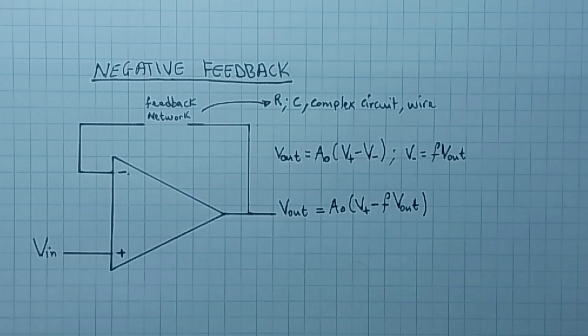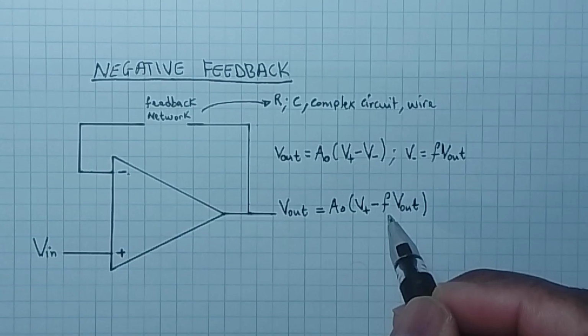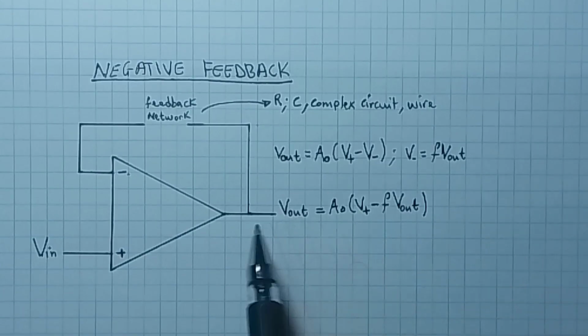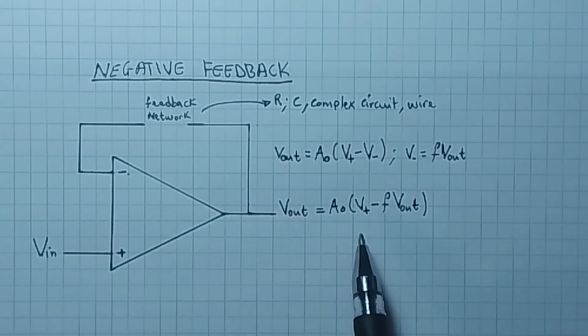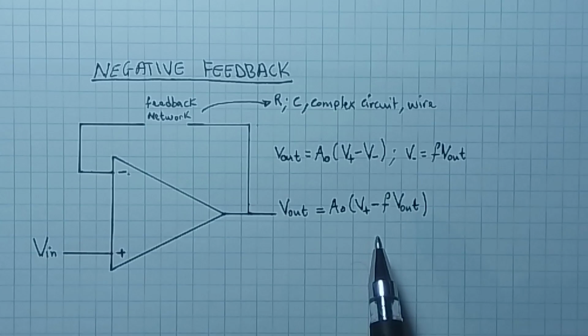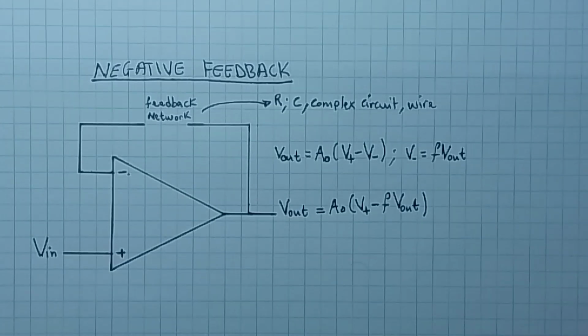The reason why we've introduced the fraction F into the open loop expression here is to provide us with a bit of basic understanding of how negative feedback works.